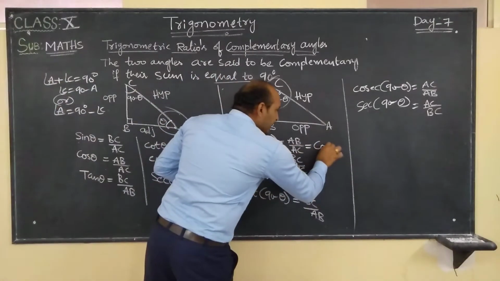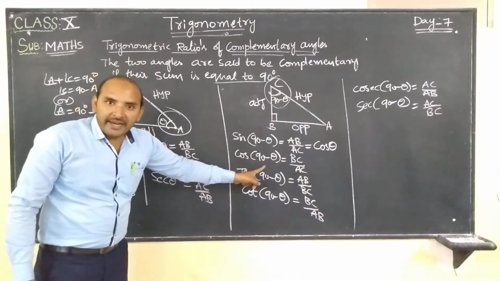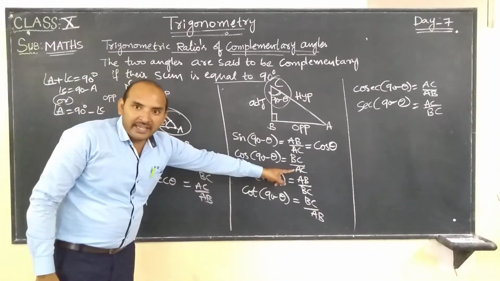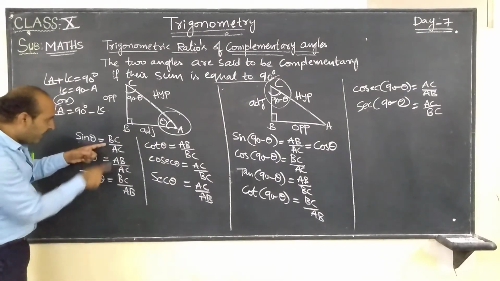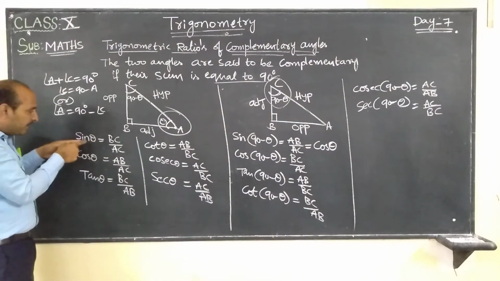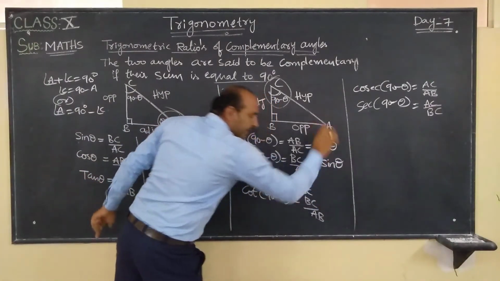So you can write this is equal to cos theta. Now cos of 90 minus theta is equal to BC by AC. Observe these 6 trigonometric ratios, BC by AC is present here. BC by AC is nothing but sin theta.